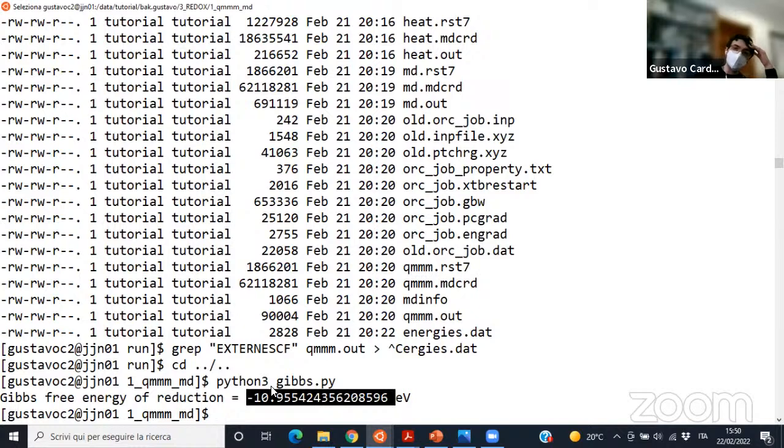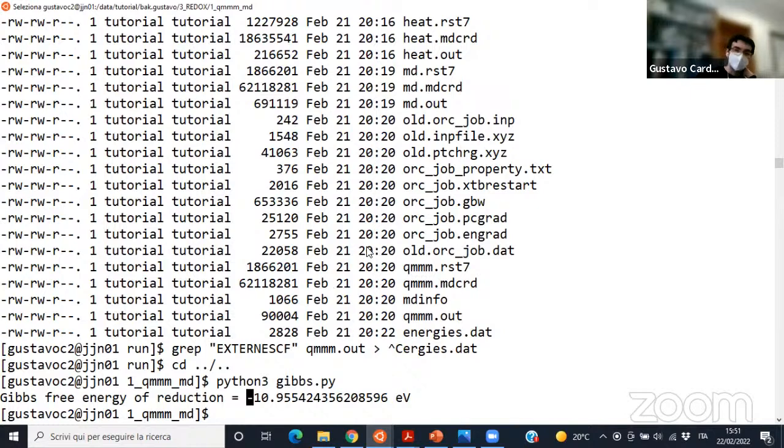Now this is already way too large, because whenever you want to compare oxidation potentials, let's call them redox potentials, with experimental data, that half reaction is combined with a reference electrode, which has an absolute potential.